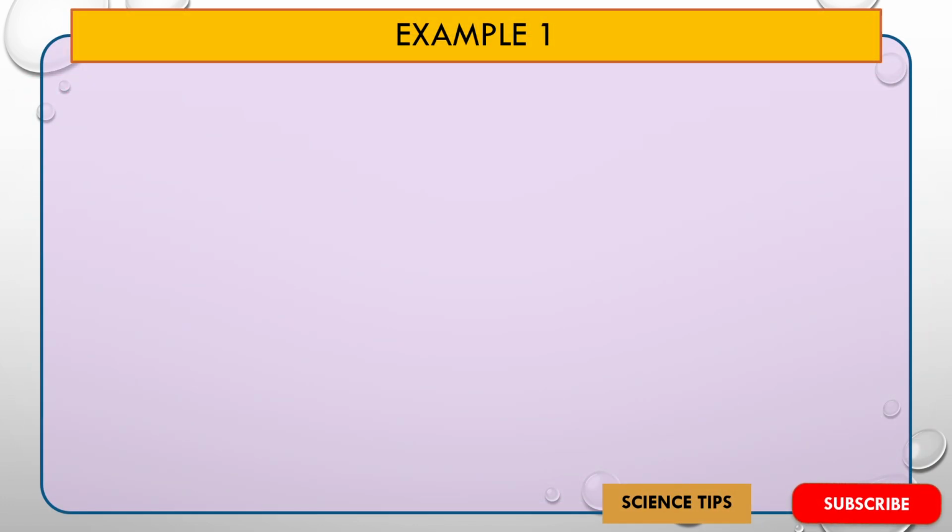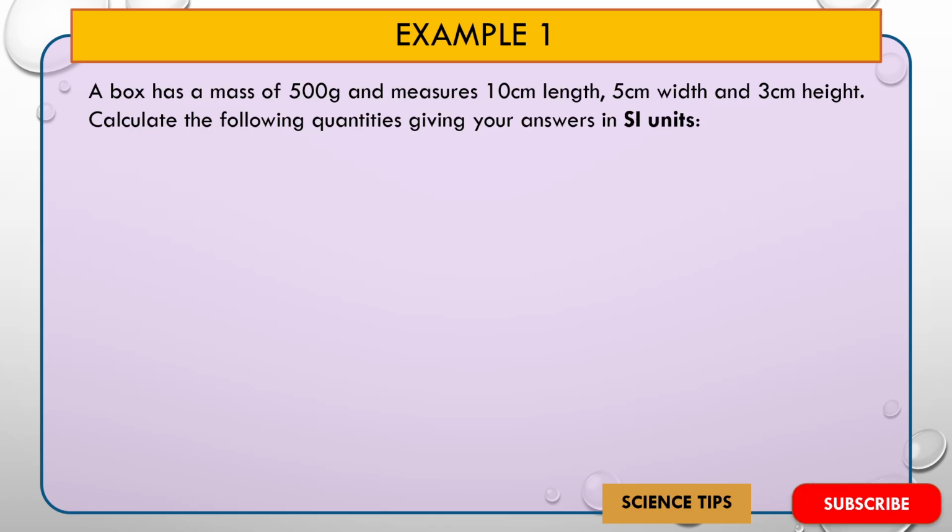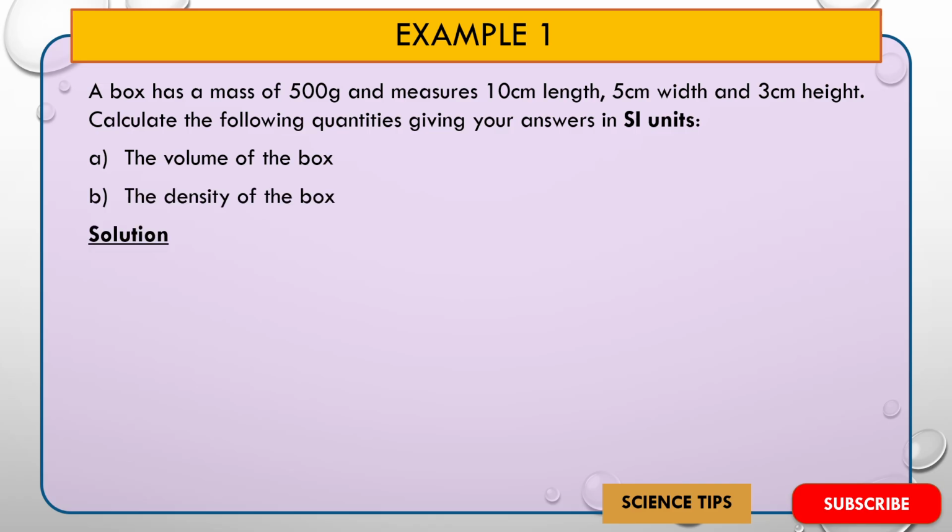Example 1, we can do this. A box has a mass of 500 grams and measures 10 centimeters length, 5 centimeters width, and 3 centimeters height. Calculate the following quantities, giving your answer in SI units: the volume of the box and the density of the box.